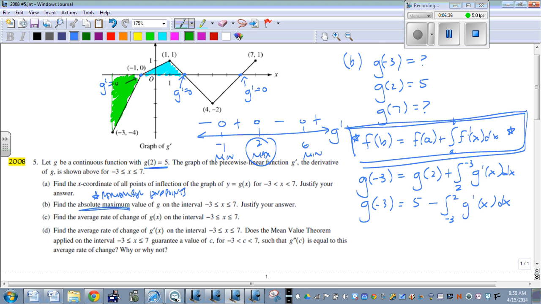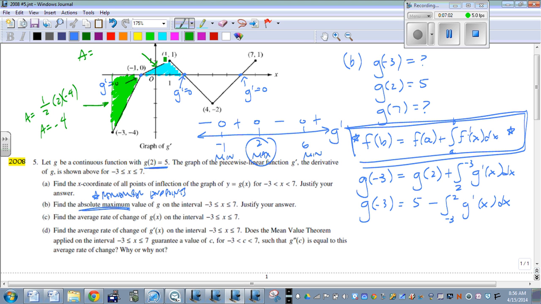Well, use a little basic geometry to figure that out. For this one, we have a triangle. It's 1/2. Base is going to be 2. And the height is going to be negative 4. Right? Below the axis, remember, it's going to be a negative area. So we end up getting an area for this part of negative 4. Over here, we're going to have a positive area.